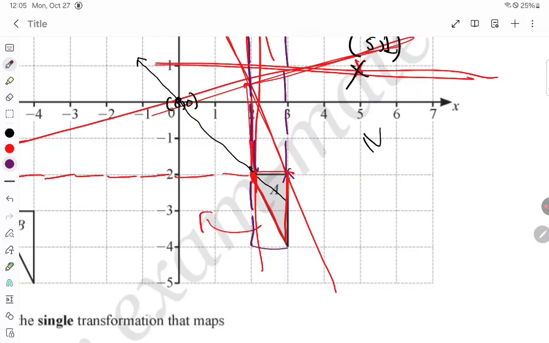Mark the points like 2 comma -2. This is 3 comma -2. This is 3 comma -4.